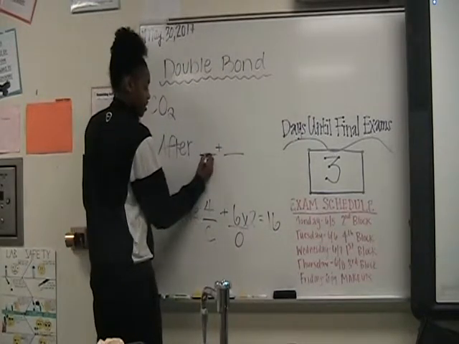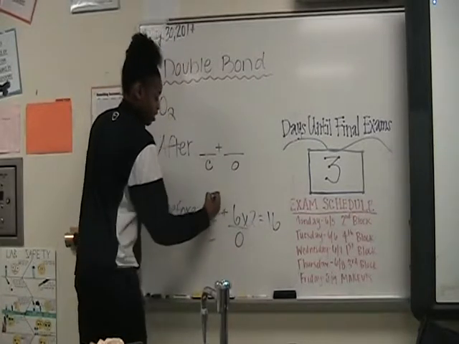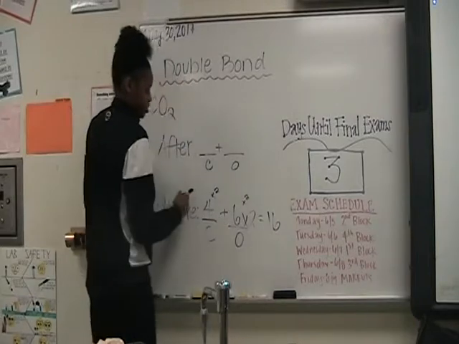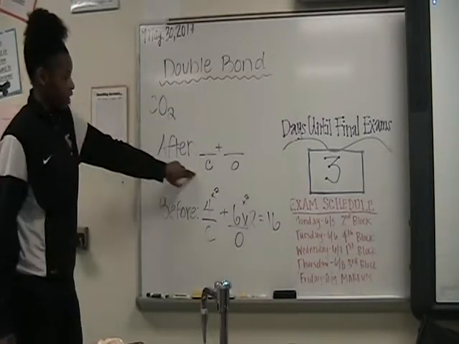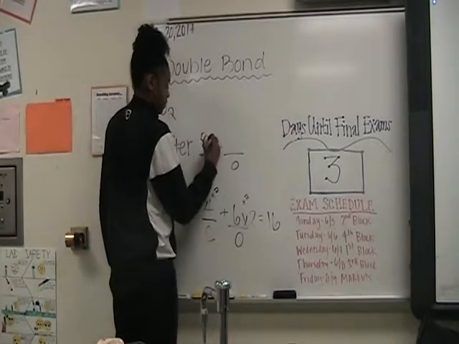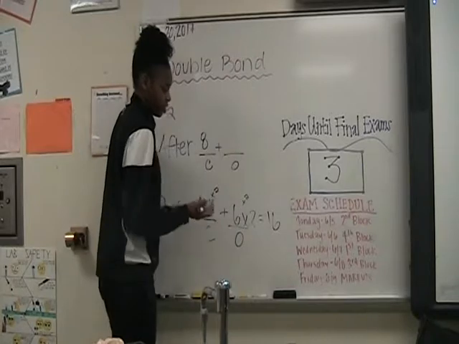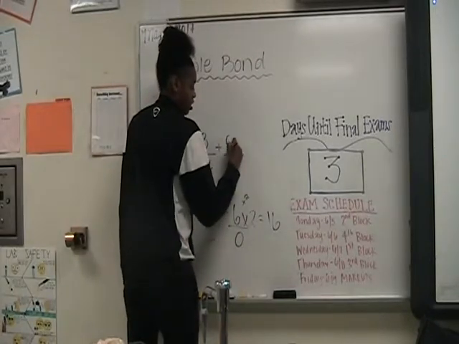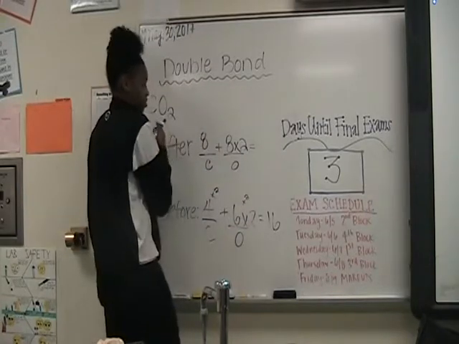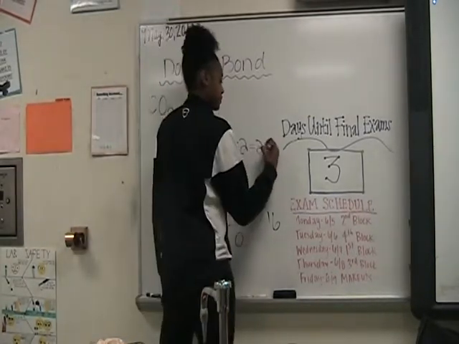And up here you do the same thing, 1 for carbon, the other one for oxygen. You multiply by 2 here, because you're trying to get it stable, but it can only go up to 8. So 4 times 2 is 8. And 6 times 2 is 12, but it can only go to 8. So you put 8, and it'll be times 2, of course, because it's 2 oxygens. So 16 plus 8 is 24.